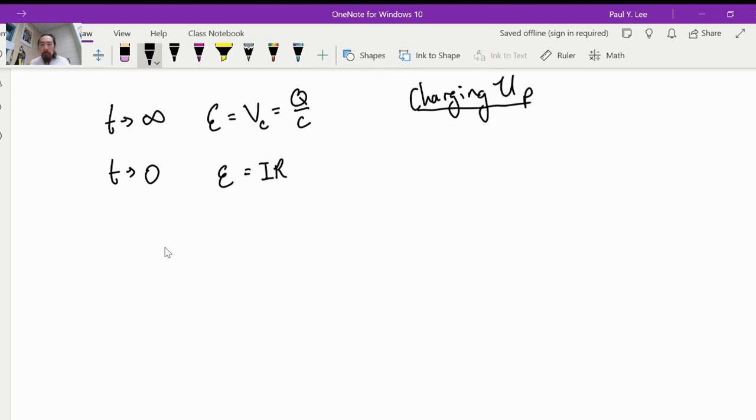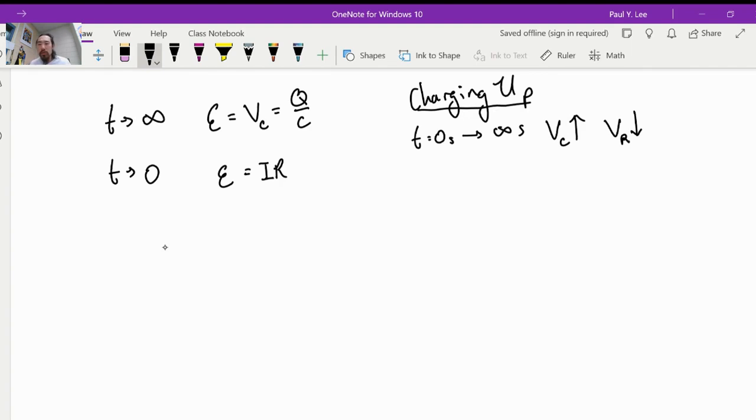So a couple important things. As t goes from 0 seconds and approaches infinity seconds, for a charging up, the voltage for the capacitor increases while the voltage from the resistor decreases.